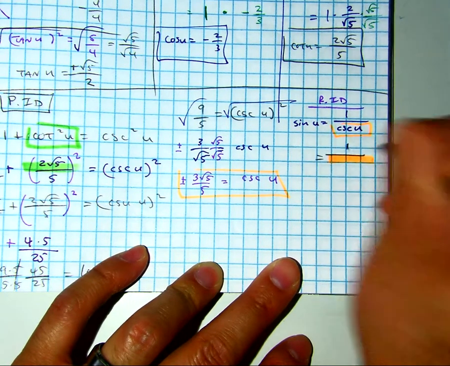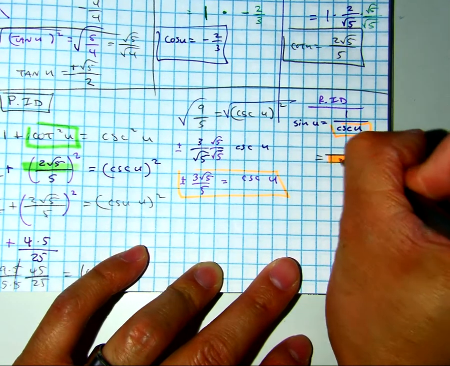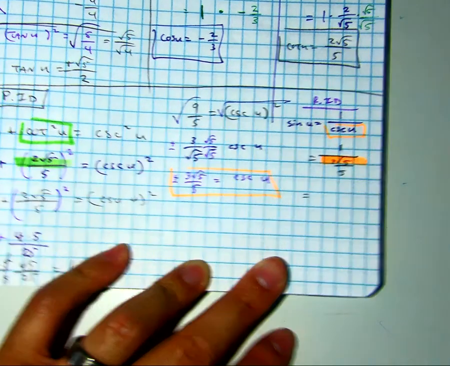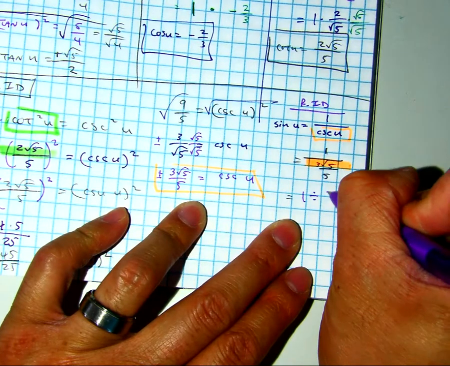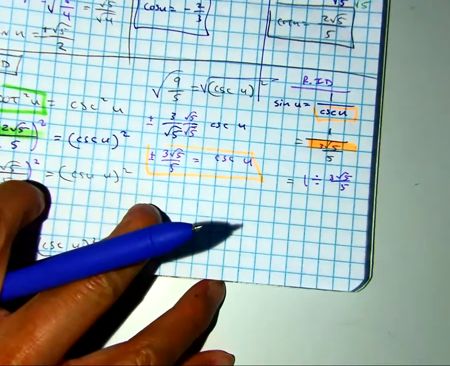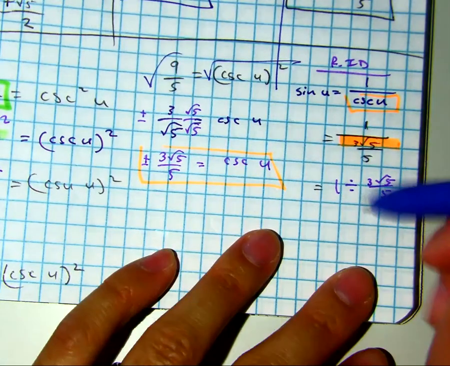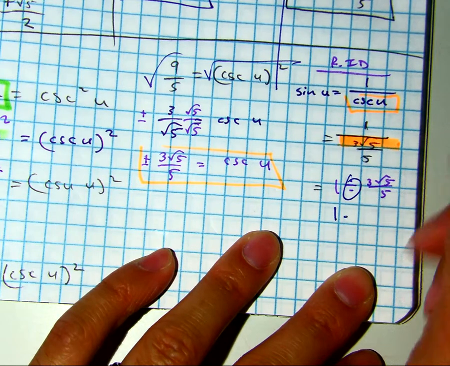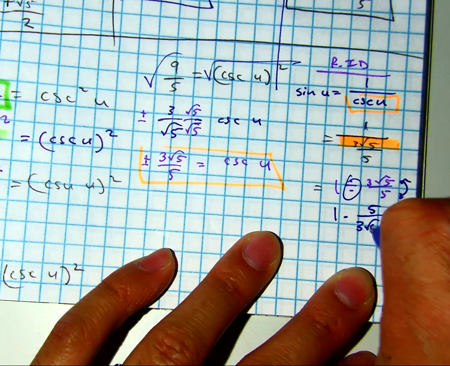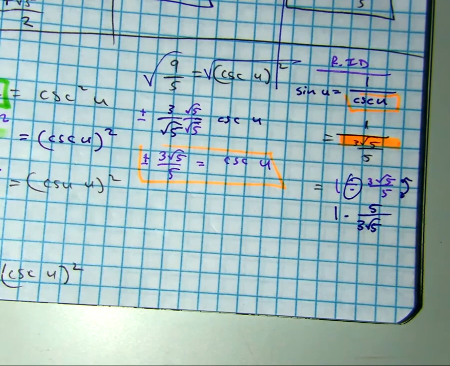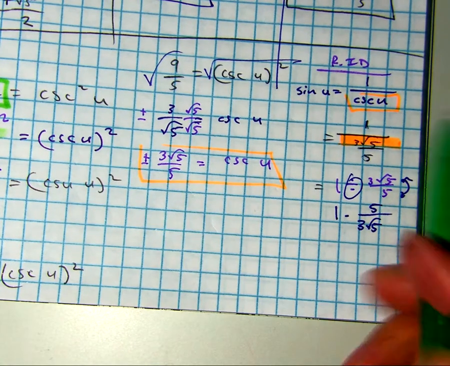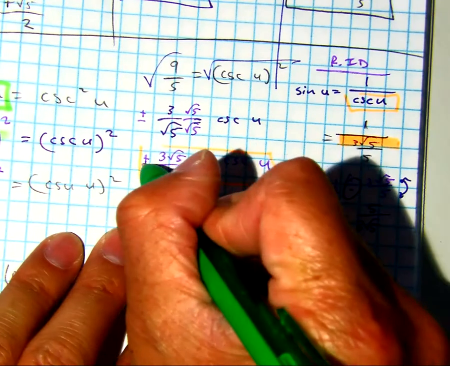1 over cosecant. So that's going to become 1 divided by 3 radical 5 over 5. This is going to turn into multiplication, and you're going to take the reciprocal. So now I have 5 over 3 radical 5. Question? Good job.